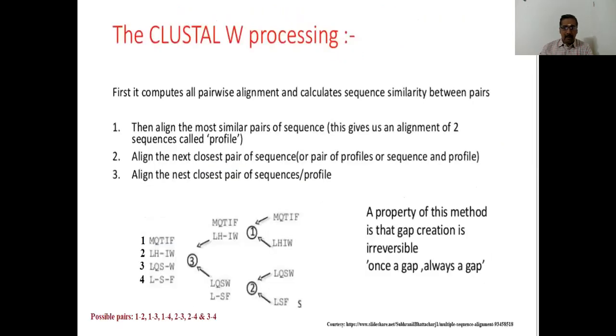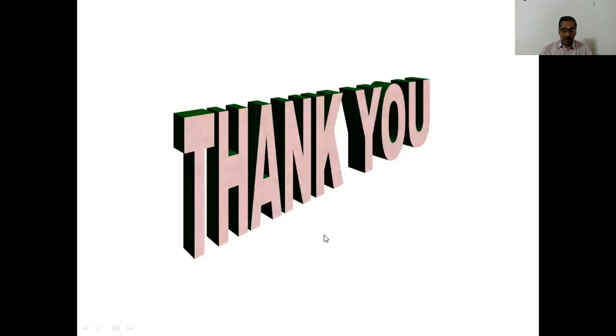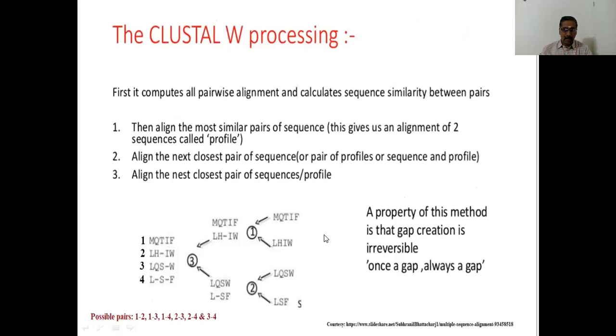So now you can see here, it's a very simple computational approach. Say there are 4 sequences, right? Now here you see first the sequences will be converted into possible pairs like this. So 1 and 2, 1 and 3, 1 and 4, 2 and 3, 2 and 4, 3 and 4. So all 4 sequences will not be clustered at a time. 4 sequences will be split into 6 different pairs.